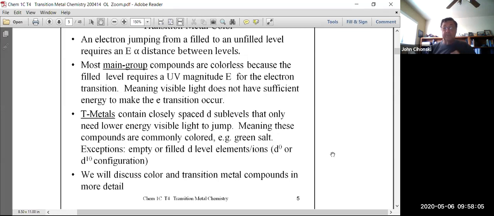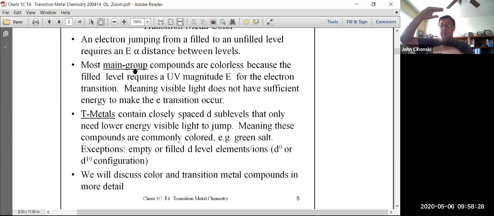Okay, so let's talk and compare just very briefly the main group and the transition metals. If we look at the main group, we're talking about electrons being exchanged between s and p orbitals. And those are fairly far apart.